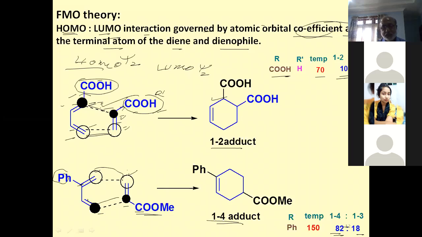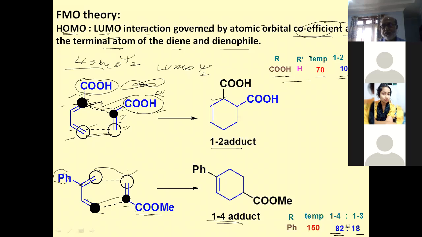Because of the delta plus here, the size of this orbital is decreasing. Previously it was big size, now it has become small size because of that electron density. Now this is also small, this is also small. So two small overlapping will be better than one small and one big. Yes or no?